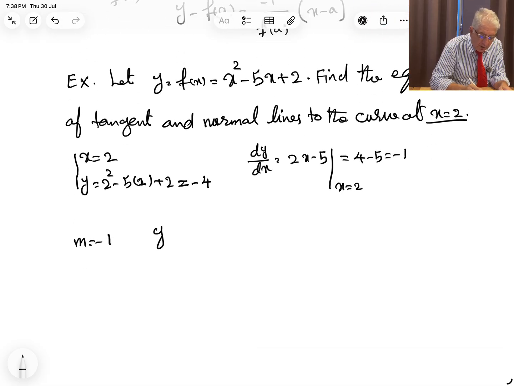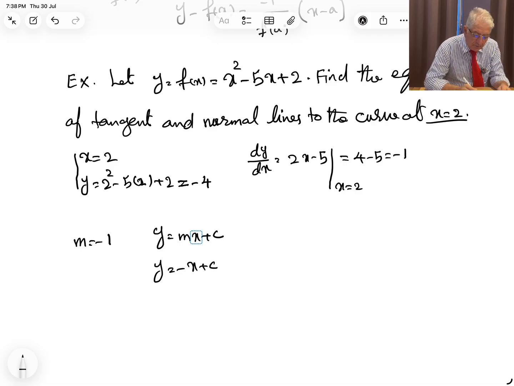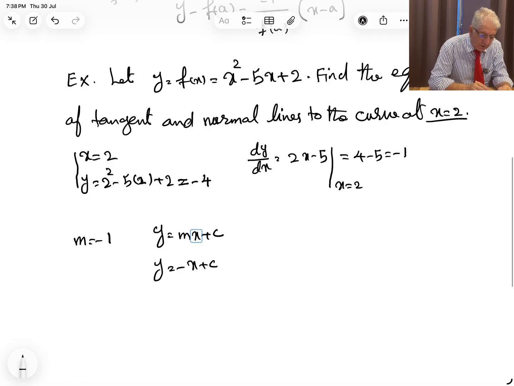I can write y equal to mx plus c. You can do this method also. Therefore, y will be equal to negative x plus c. We know that if x is 2, y is negative 4. Therefore, negative 4 is equal to negative 2 plus c.